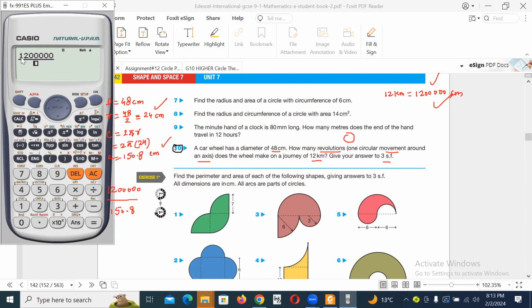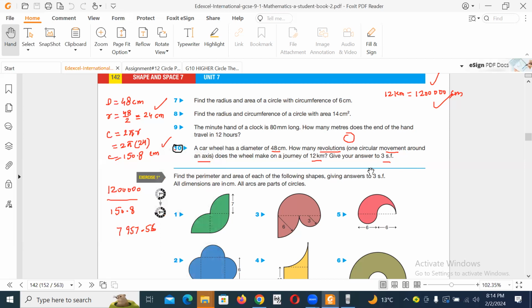This is 1 million, boys: 1,200,000 divided by 150.8. It gives me 7957.55 or 56.